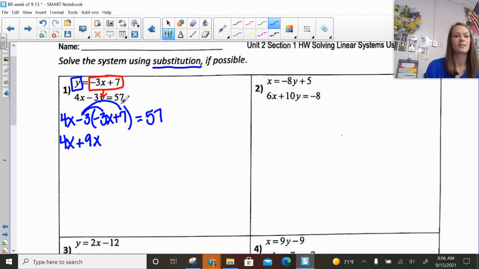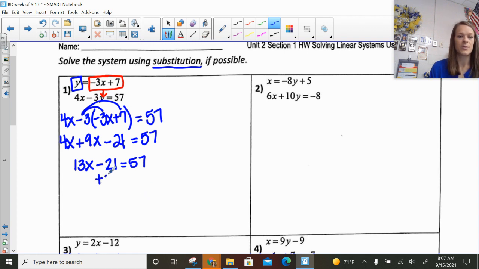Negative 3 times 7 is negative 21. Then it equals 57. Now I'm going to look for like terms. In this case, 4x and 9x can be added together. That is 13x minus 21 equals 57.